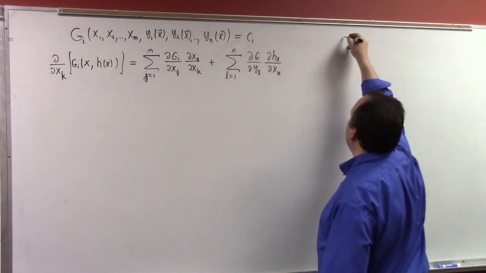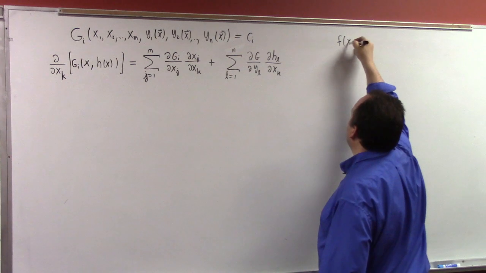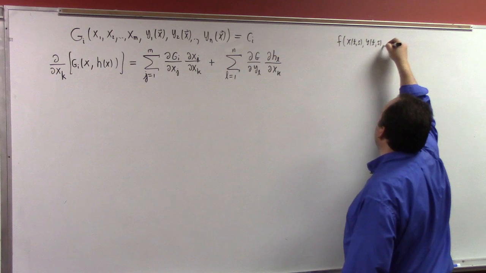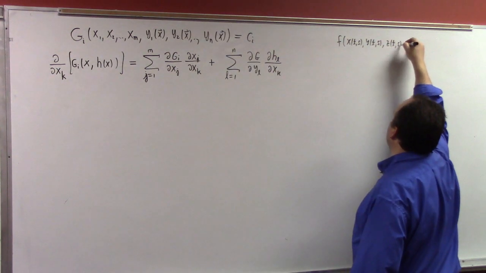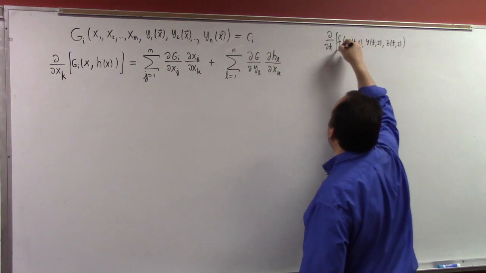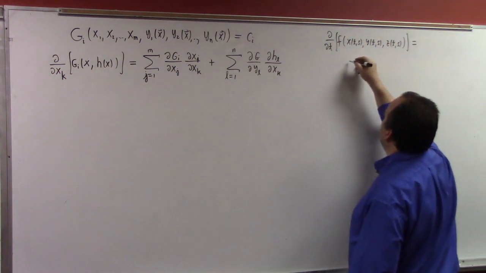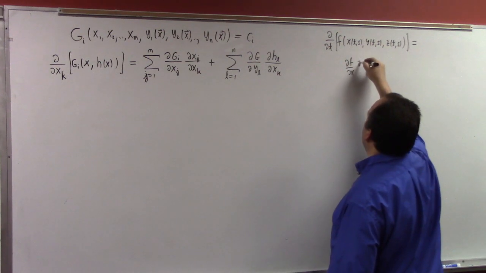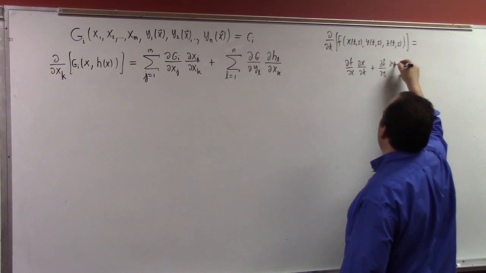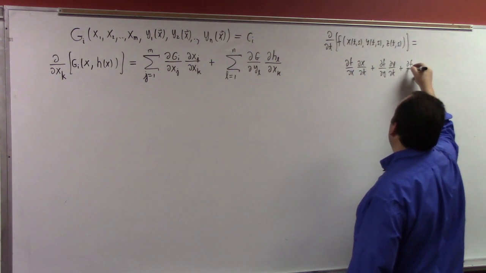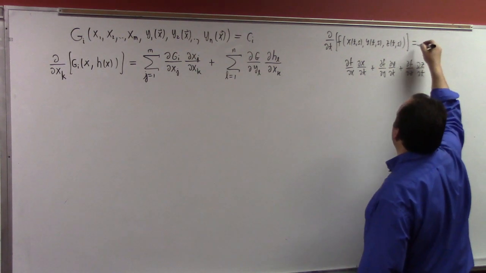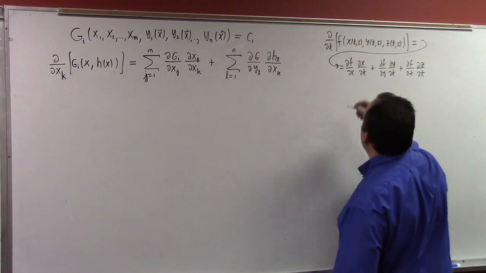If I had, for example, f of x(t,s), y(t,s), z(t,s), and I was to calculate partial t of that, the way that goes is I take partial f partial x times partial x partial t, plus partial f partial y partial y partial t, plus partial f partial z partial z partial t. So the chain rule is like that.